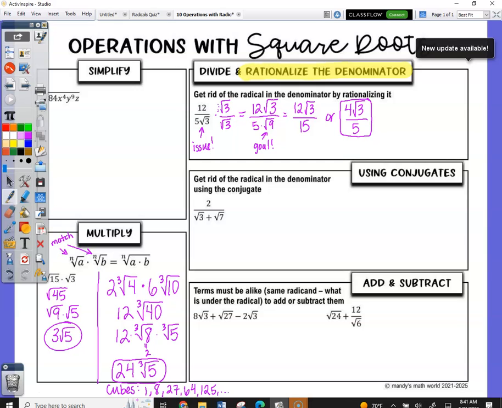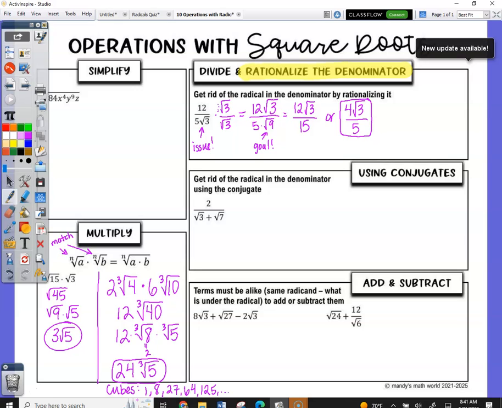The next section is if you're told to divide radical expressions. If you're told to divide 2 by root 3 plus root 7, it's kind of like dividing fractions. You never actually divide. You multiply.